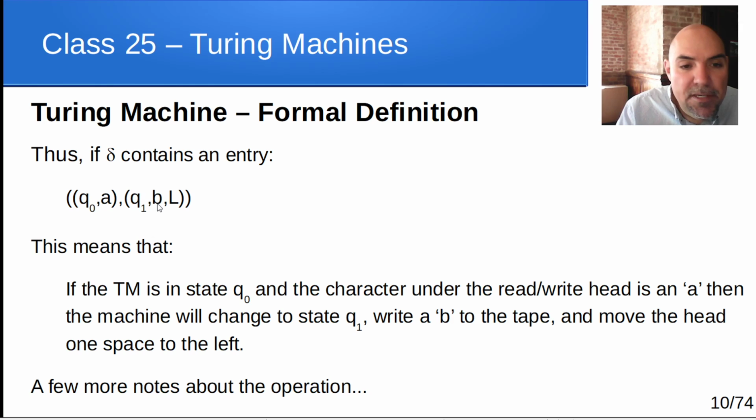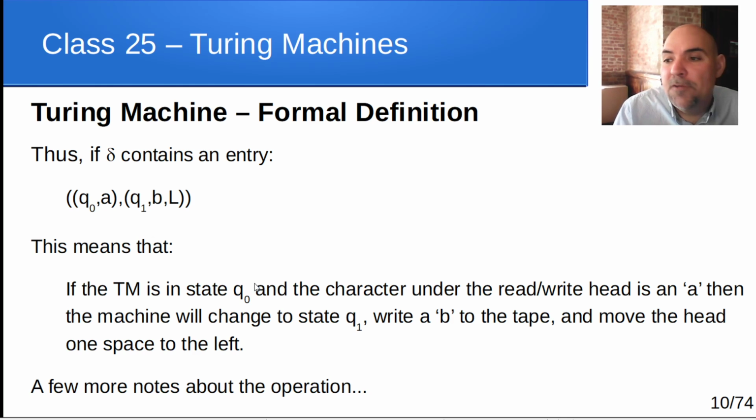It'll write a B, and then it'll move to the left. So it changes to this state, writes this to the tape, and then it moves. It doesn't move and then write. It writes and then moves. So this A that was on the tape is going to get replaced by that B. We're going to change the state machine to Q1, and then we're going to move the head one position to the left on the tape.